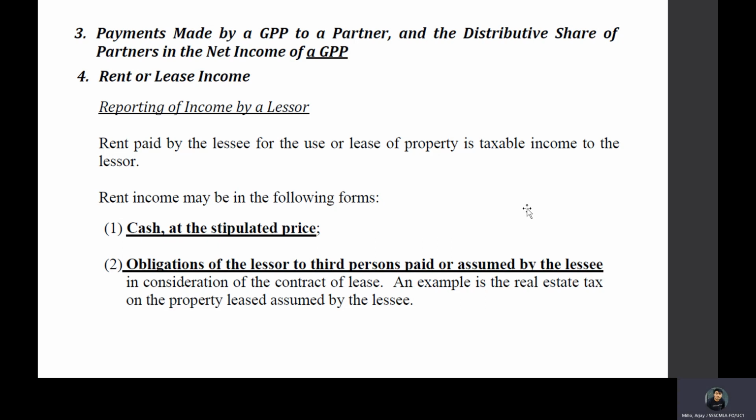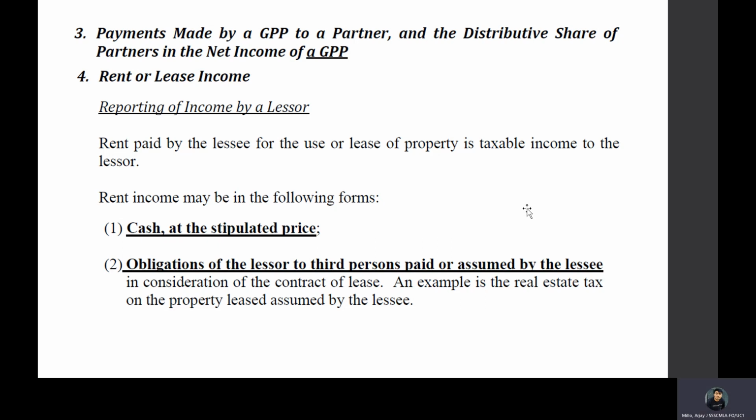Fourth one, leasehold improvement. So kapag meron kang nirentahan, then meron kang in-improve that will add value dun sa property na yun, that will also form part as additional part of gross income. So ito yung mga permanent.